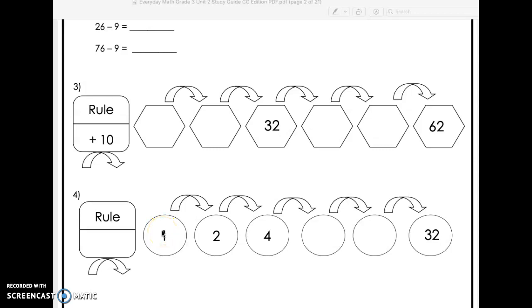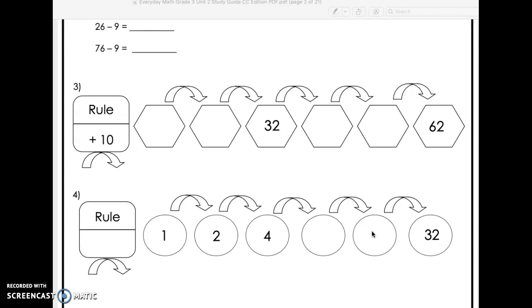Let's try multiplication. 1 times 2 is 2. 2 times 2 is 4. 4 times 2 is 8. 8 times 2 is 16. And 16 times 2, you just double it.